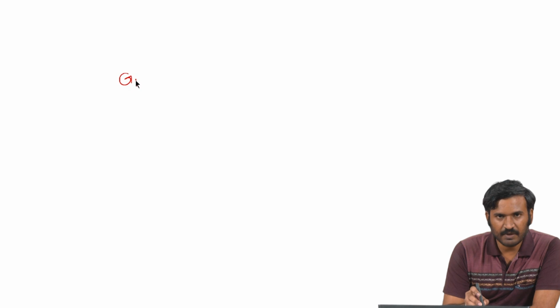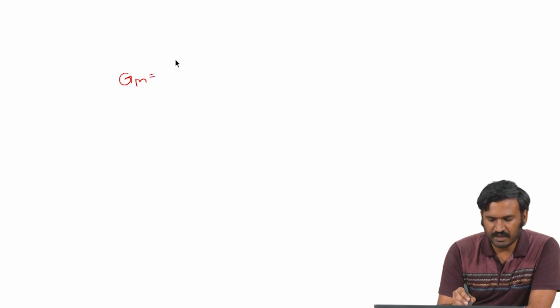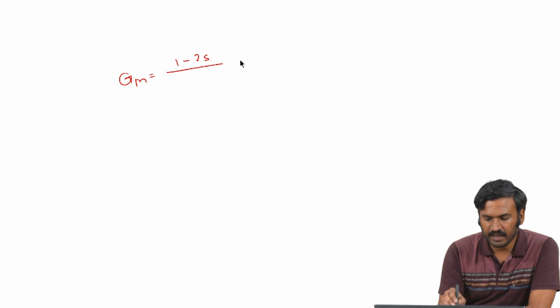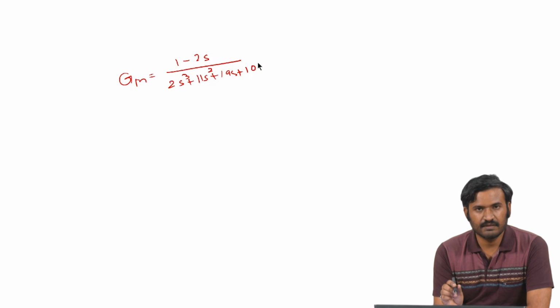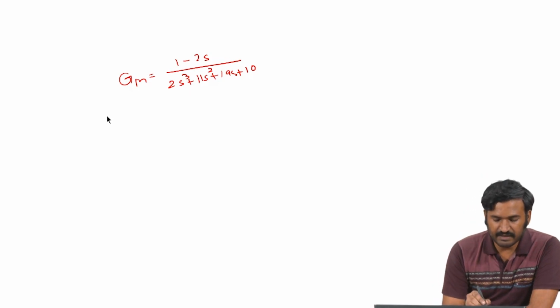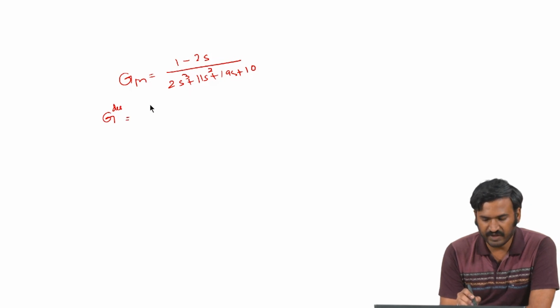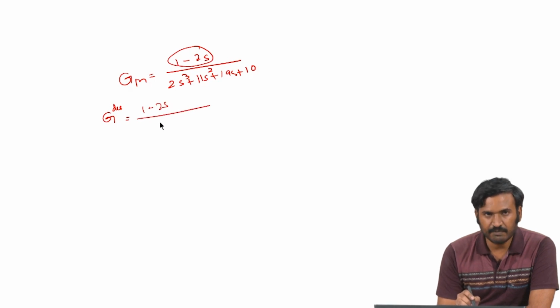So, if the process model which we have assumed is (1 - 2s) divided by (2s^3 + 11s^2 + 19s + 10), then the desired closed loop performance we also define with the same zero which we have in the model, and then we specify other parameters like (s + 2)(s + 3), something like this.